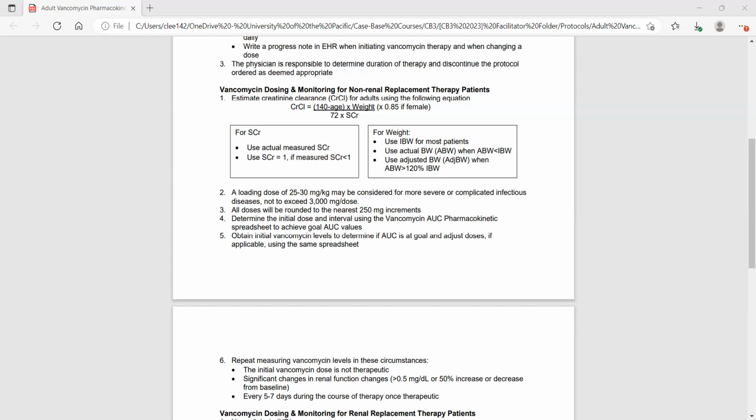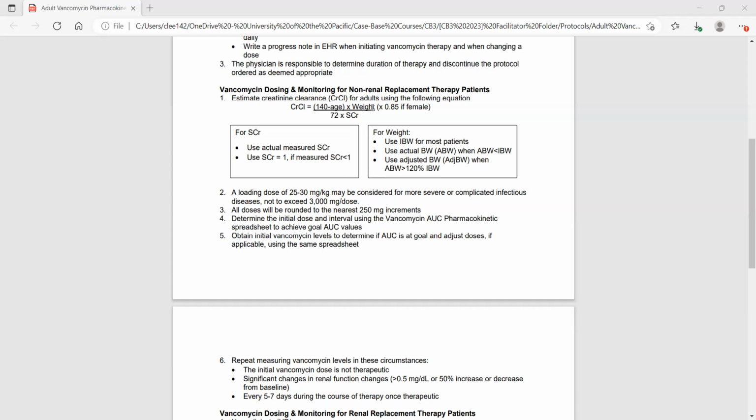So for most patients who are not overweight, with a normal BMI between 18.5 and 24.9, usually I use the actual body weight. I use ideal body weight if they are overweight; that's my cutoff.